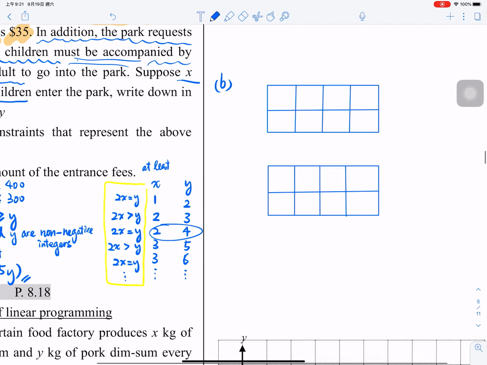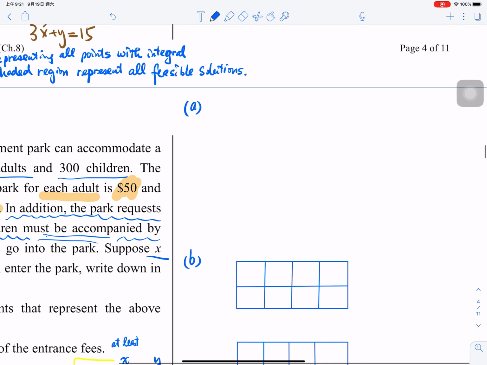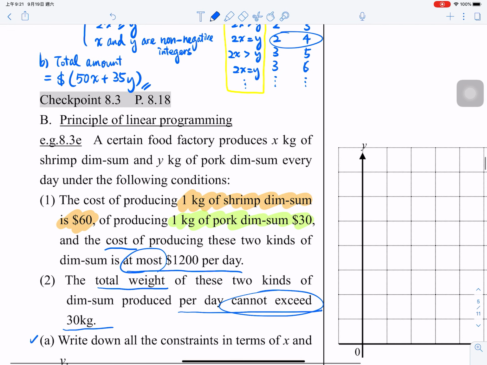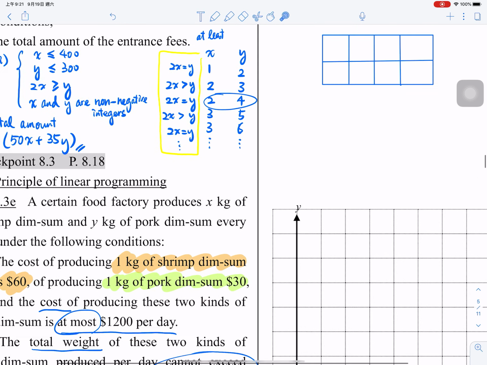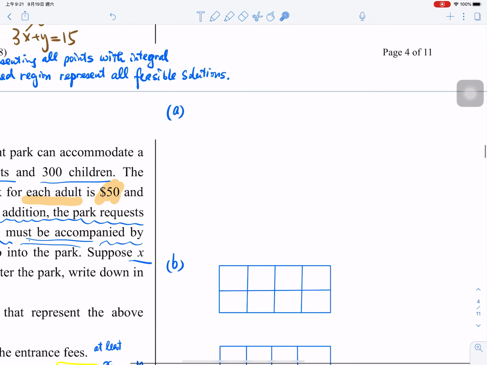Now see that for spring dim sum, the cost is $60 per kilogram, and 1 kilogram of pork dim sum is $30. So you can say that 60x plus 30y is at most $1,200 per day, the cost.